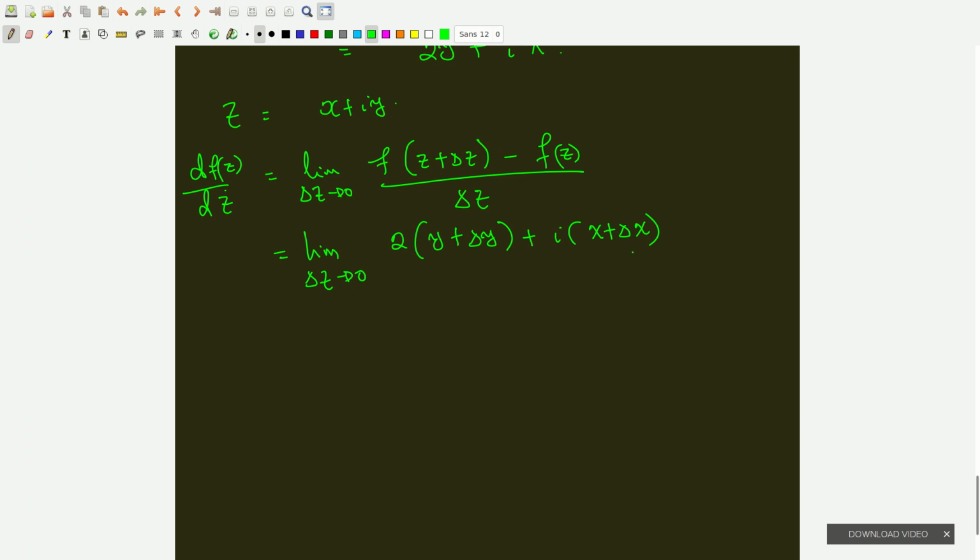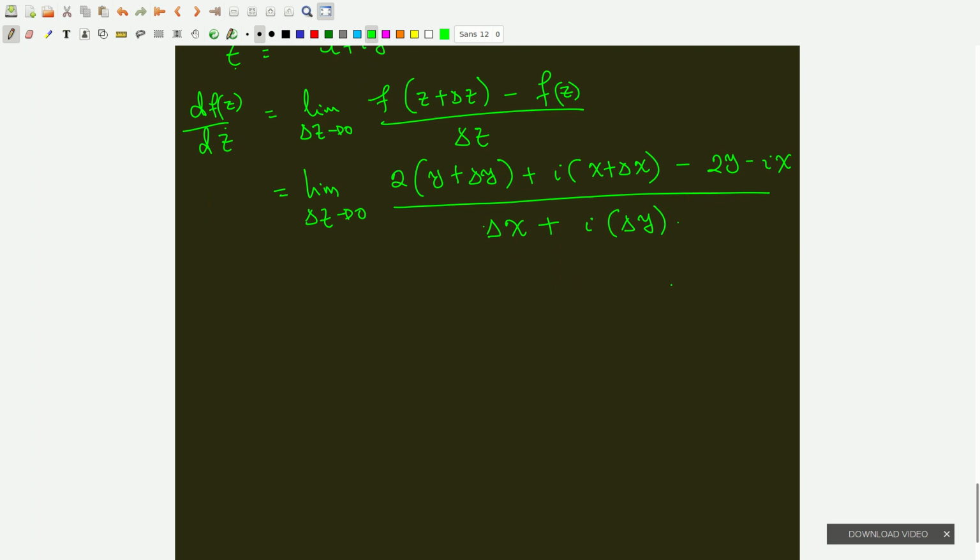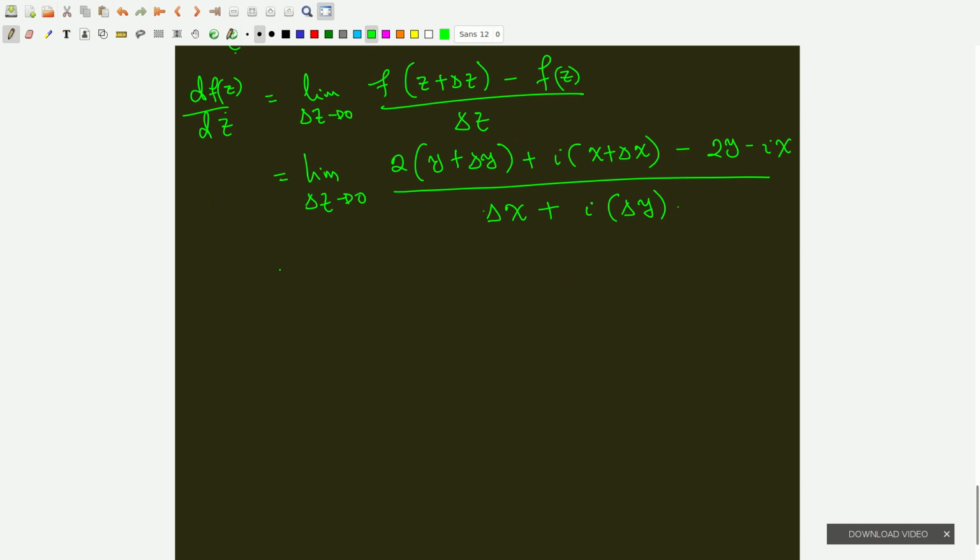Then minus f of z, which is 2y, and then minus ix, and then everything is divided by change in z. Of course, the change in z is given by the change in x plus i times the change in y. So what do we have here?